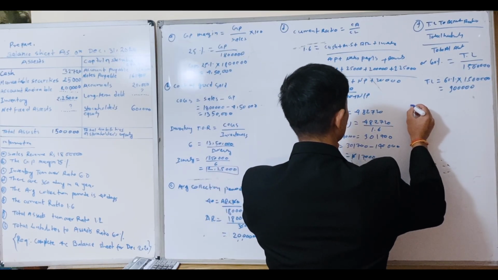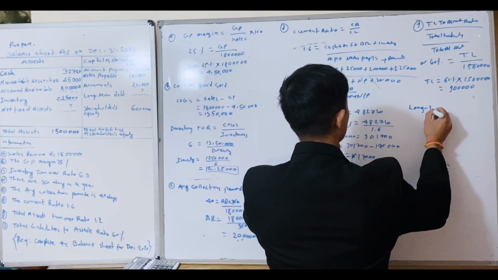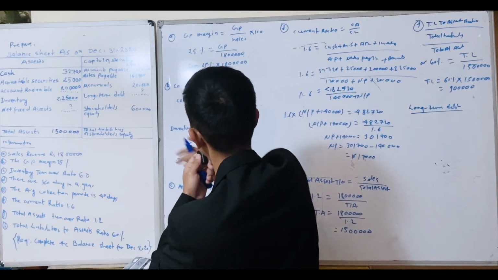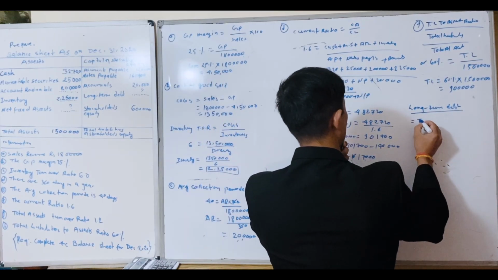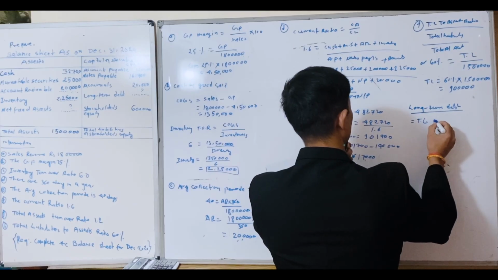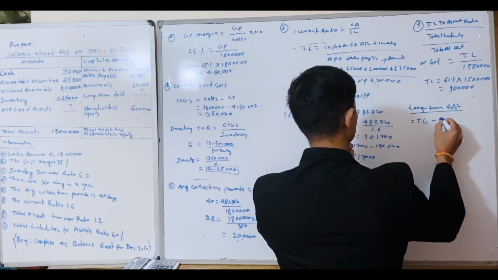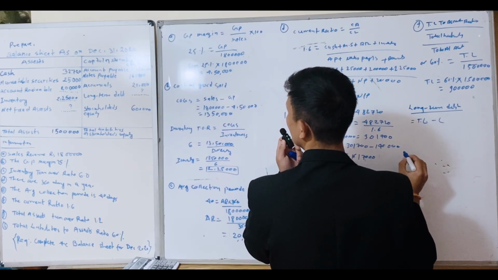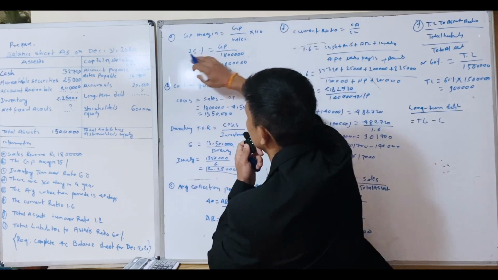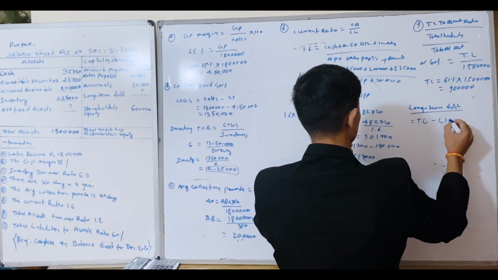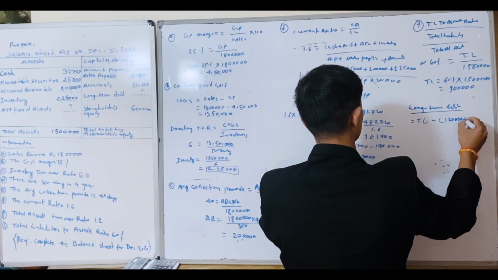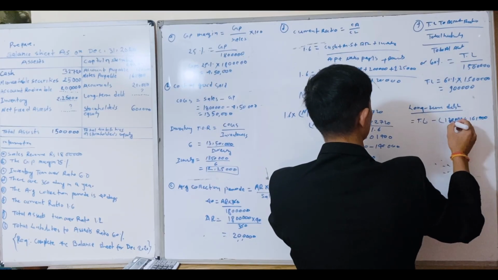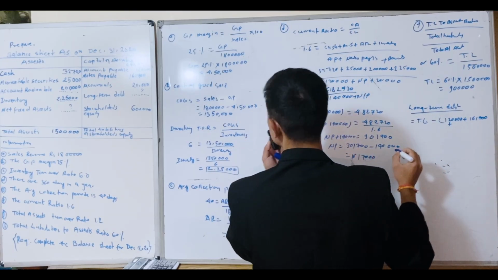Let's calculate long term debt, which is this figure. Total liabilities minus current liabilities. So current liabilities here, it's account payable 1,20,000 plus notes payable 161,700 plus accruals 20,000.